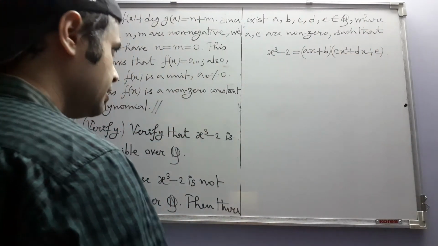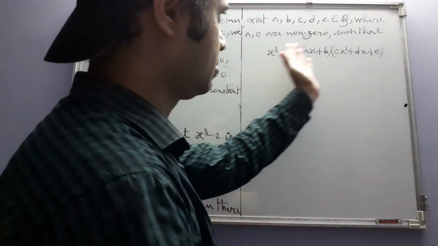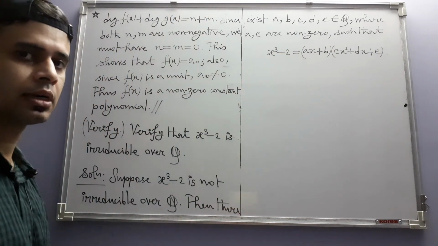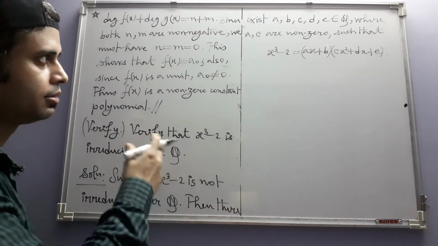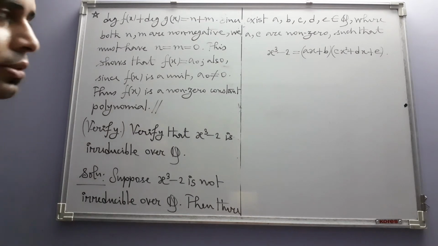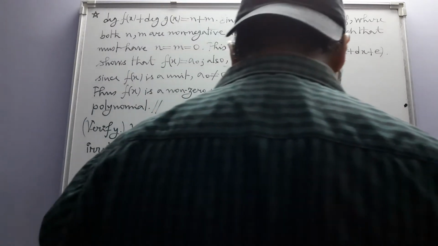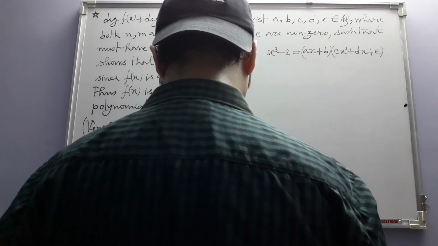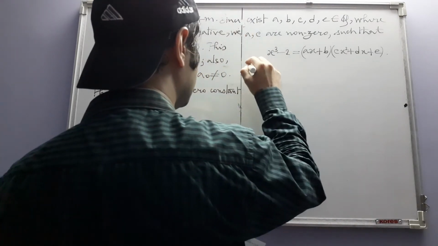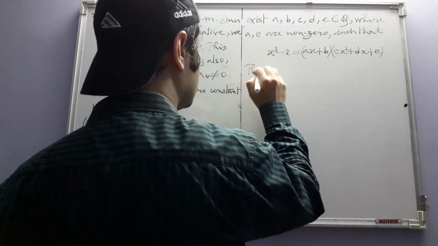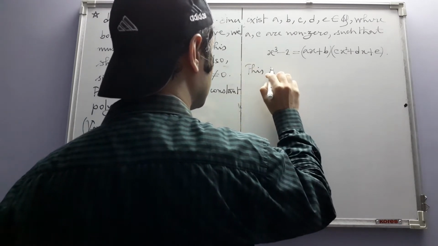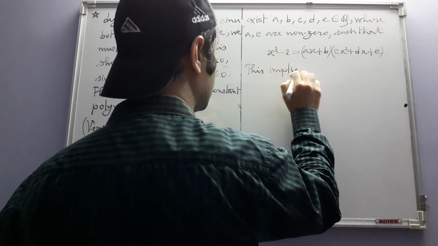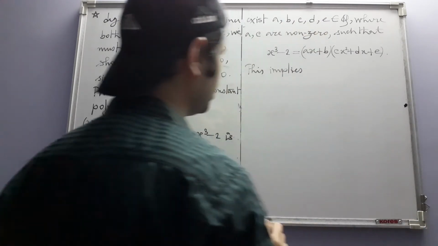Now if you multiply both the sides, collect like terms and then equate like coefficients, you will end up with these equations, which are somewhat easy to see.